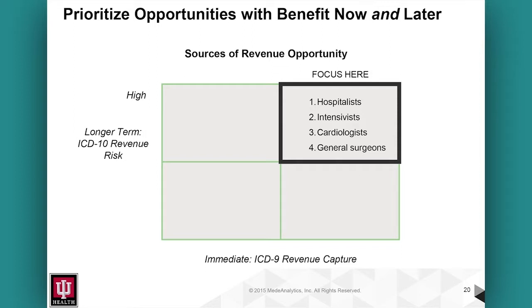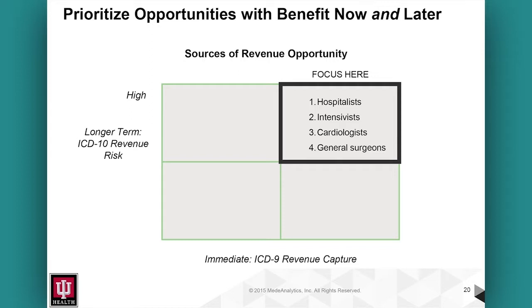But also, we really try to enforce and emphasize the CDI effort and documentation efforts are not just for an I-10 world, but it is helpful for us in an I-9 world as well to be able to continue to capture revenue appropriately regardless of what code is being assigned in our medical records or HIM department.